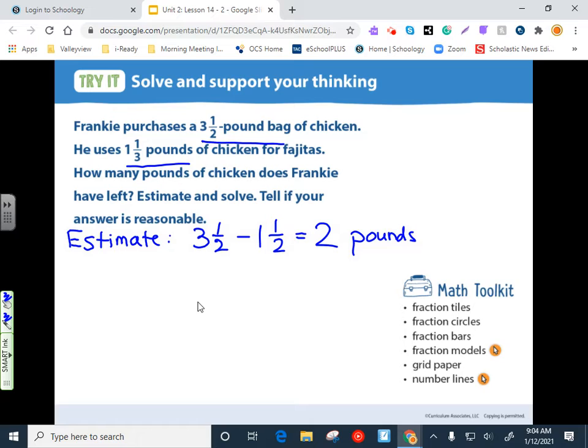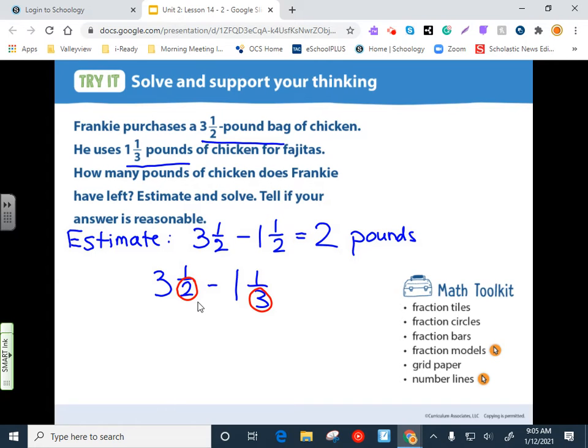Now, let's use the actual. So we will do 3 1/2 minus 1 1/3. And I'm looking at my denominators here. I got 2 and 3. So just like with our warm-up, we knew we had a 2 and a 3, and we had to change that to a 6.